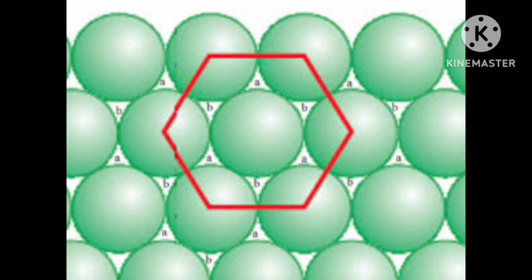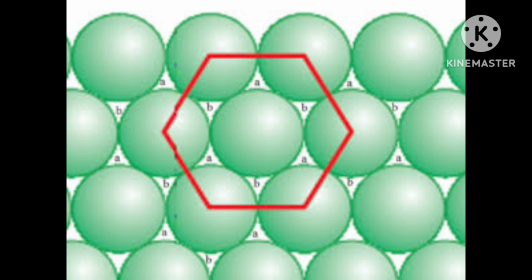Hence this is called simple cube lattice structure, AAA type arrangement. Everywhere you will find the same type of structure. One gap in the middle between the 4. Then this is the three-dimensional structure.